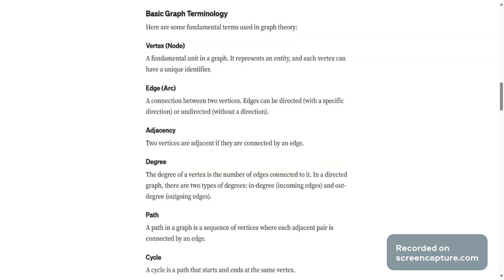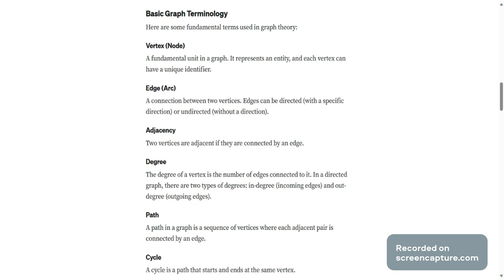Basic graph terminology. Here are some fundamental terms used in graph theory. Vertex, or node, a fundamental unit in a graph. It represents an entity. Each vertex can have a unique identifier.